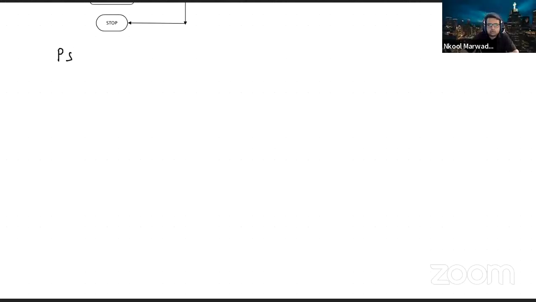First, we frame the solution in pseudocode. So what is pseudocode? Pseudocode is basically a high level algorithmic description.